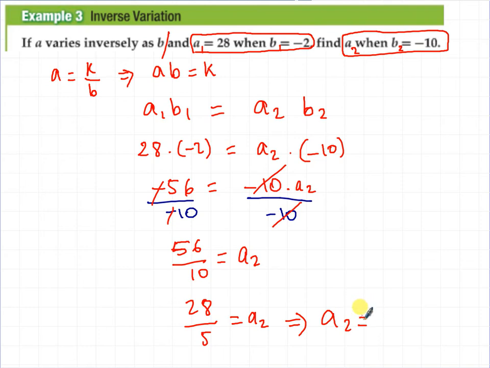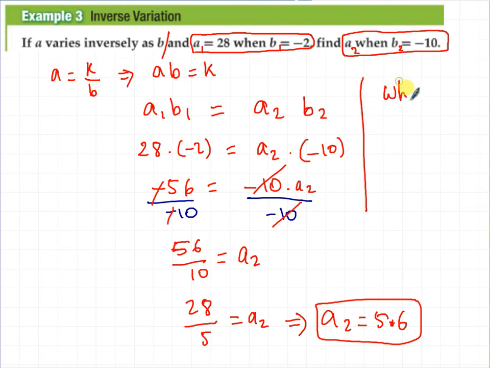Now 28 over 5 is 5.6. So again we say when b2 is equal to negative 10, we have a is equal to 5.6. This is the point.